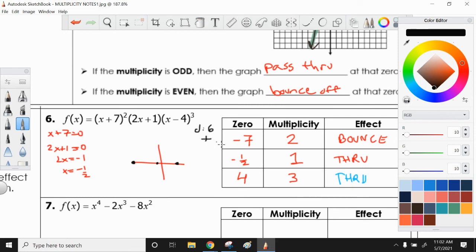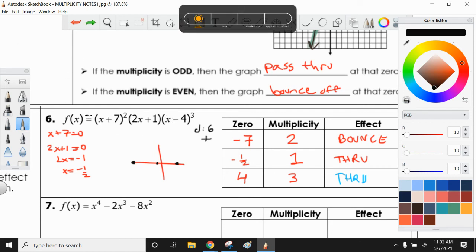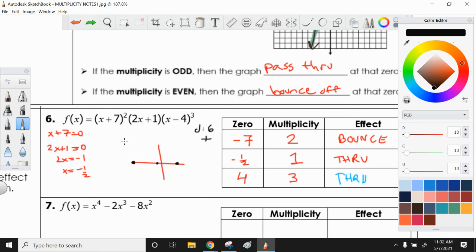And we've got a positive degree 6 function because if we multiply these x's times these x's times these x's, it's all going to become a positive x. There's no negative out front. And so we've got an even positive. So that means we should look like this and this.